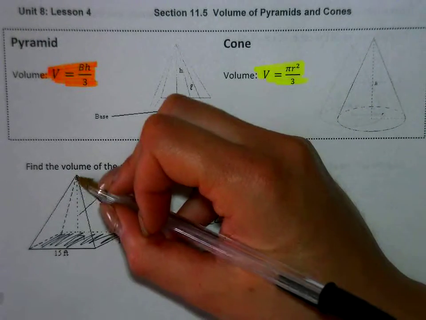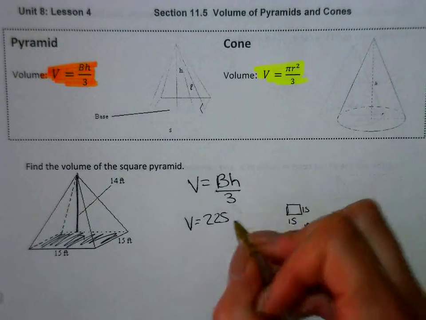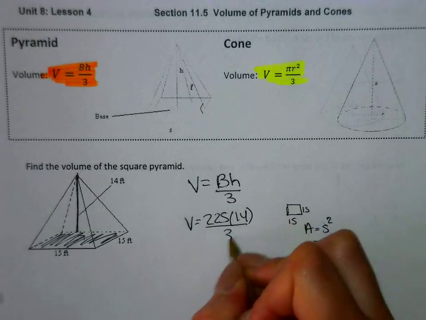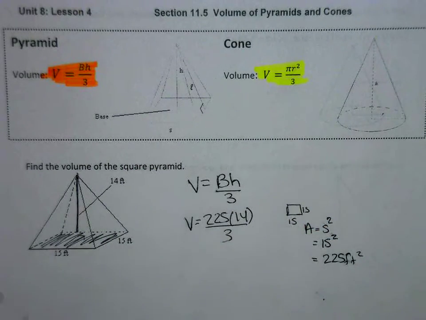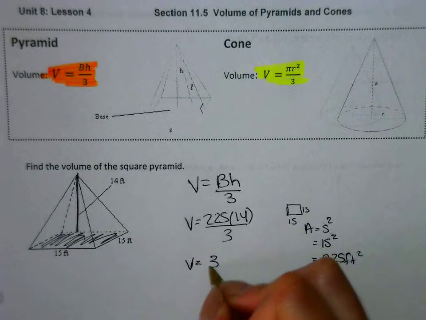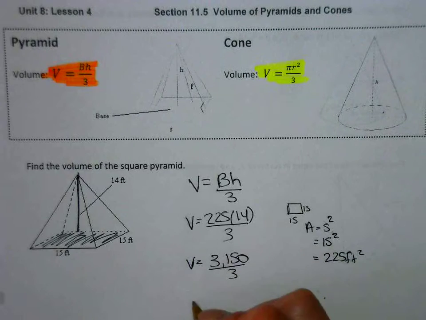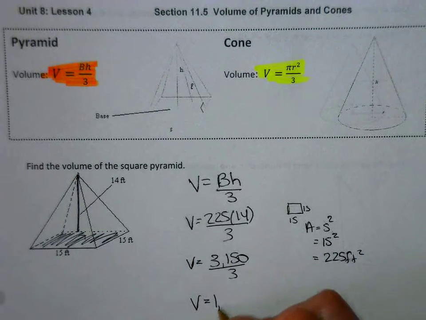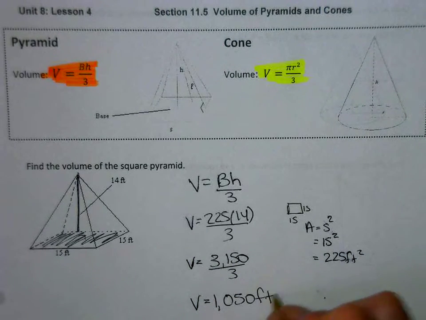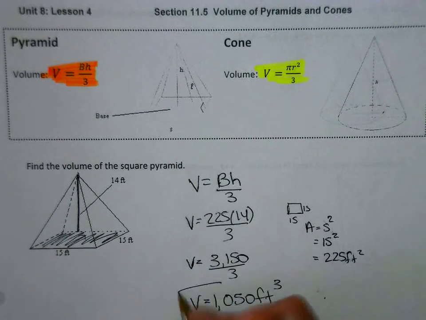Our height is 14. So 225 times 14 is 3,150, and divided by 3, the volume of this pyramid is 1,050 feet cubed.